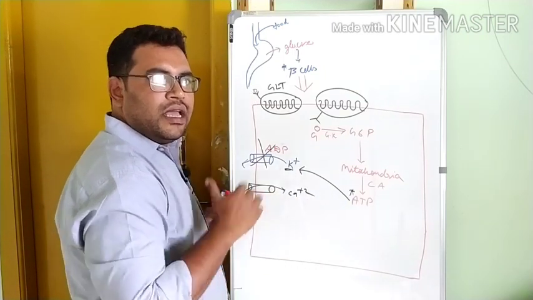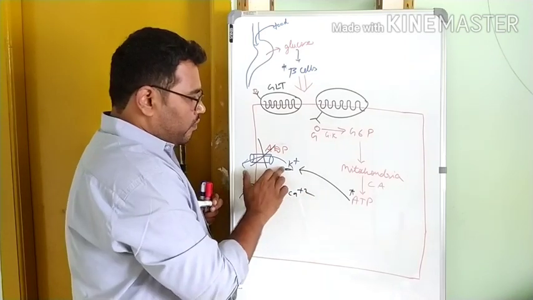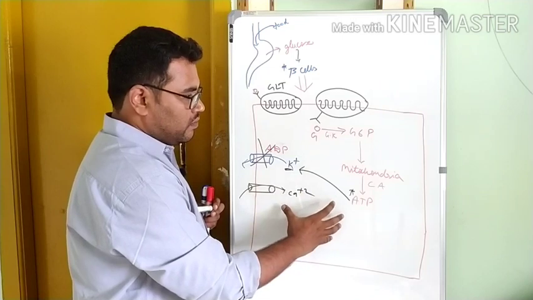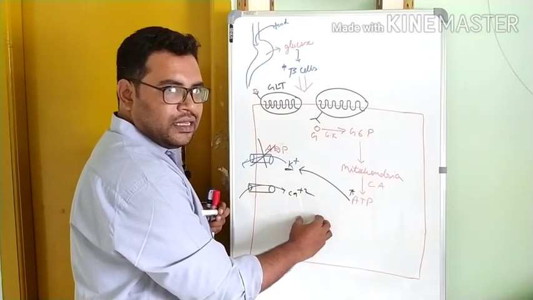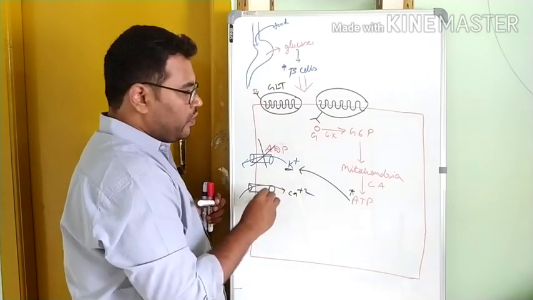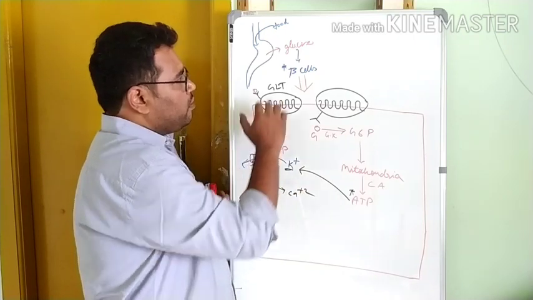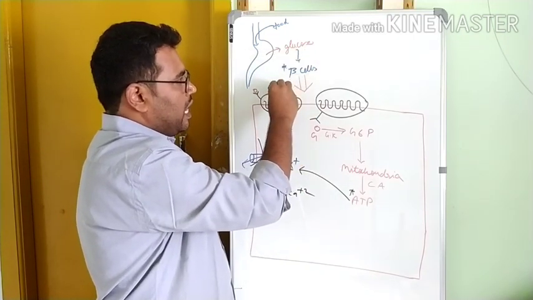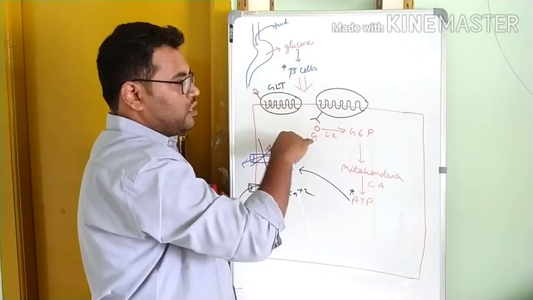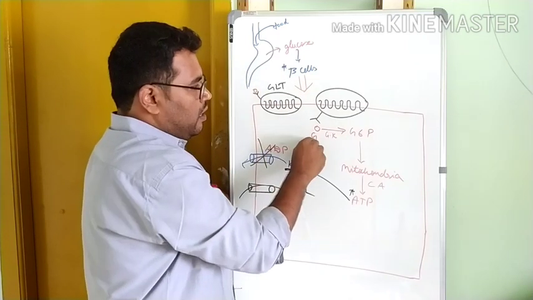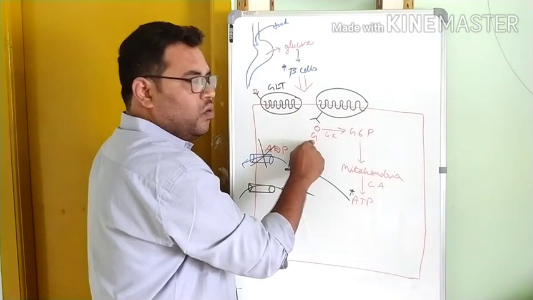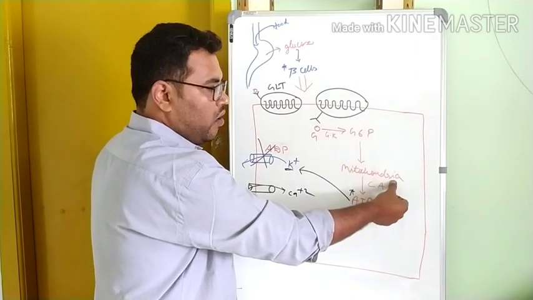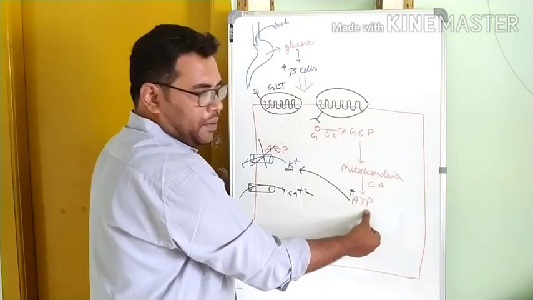The simple point is, at the starting stages, the potassium kept leaving the cell. That means the electronegativity of this particular cell is going to increase. Electronegativity increases, that is the resting stage. Whenever glucose rich blood reaches these beta cells, with the help of glucose transporters, it will enter the cell. After entering the cell, this glucose will be converted into glucose 6 phosphate. This glucose 6 phosphate enters the mitochondria and forms ATP.